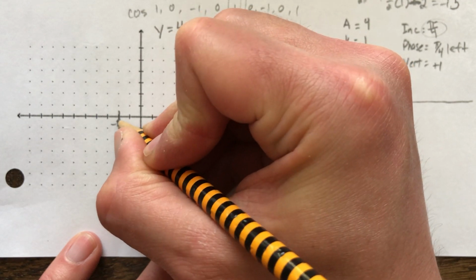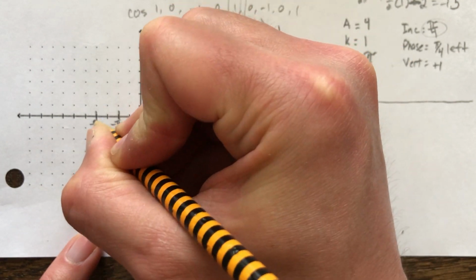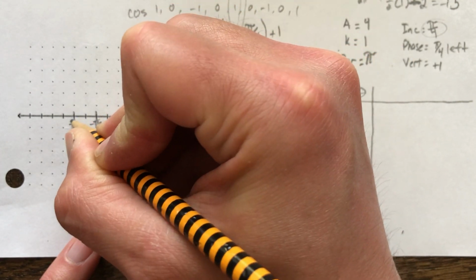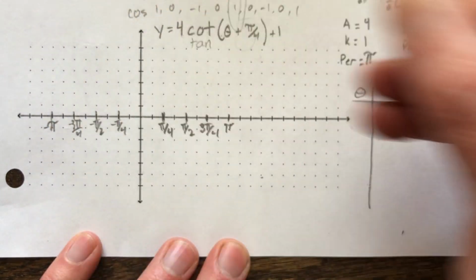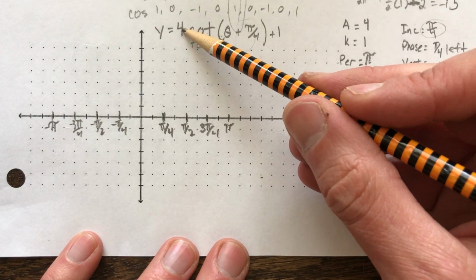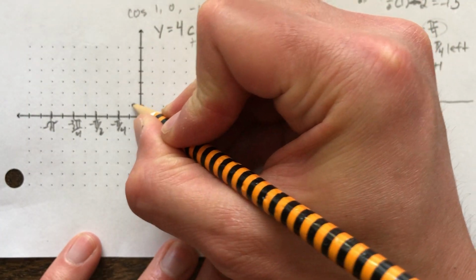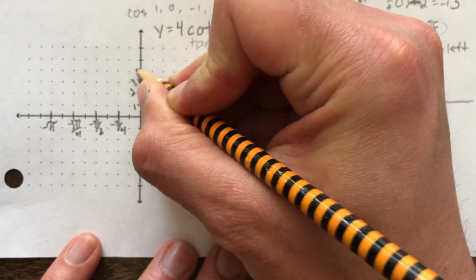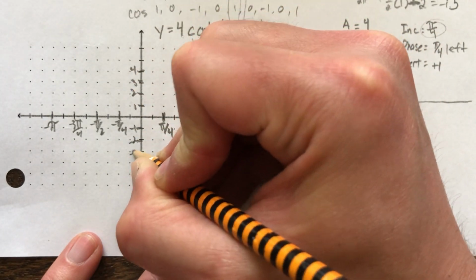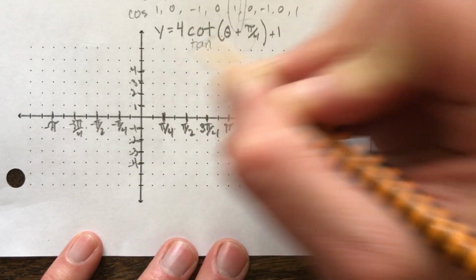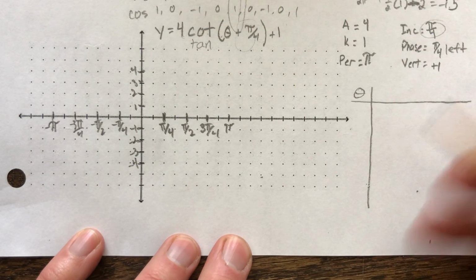Then you got your negatives. Okay, we have an amplitude of 4, so I'm going to go every line. Again, if you're not labeling the y-axis, you're wrong. So make sure you do.